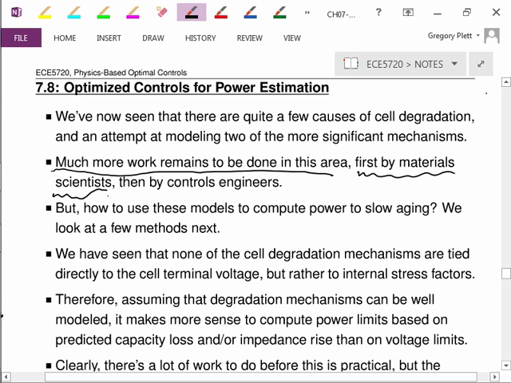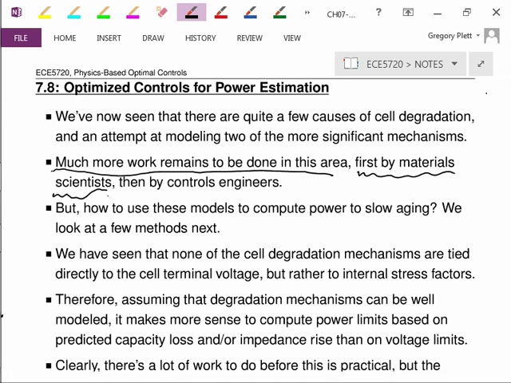As controls engineers, it's, in my opinion, not really our job to be looking to make the first principles partial differential equation models of degradation, because I expect there's a lot that we don't know about how chemistry works and so forth. So it's best to let the experts work on those.